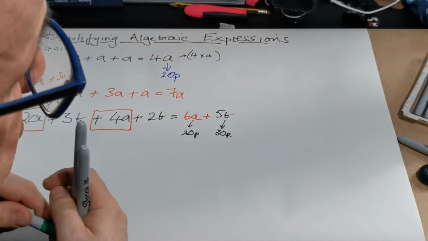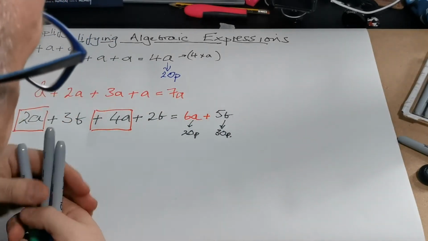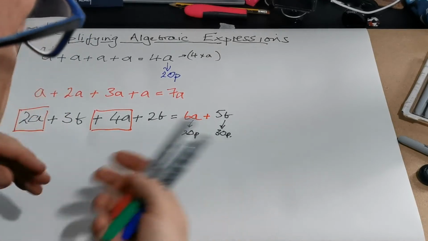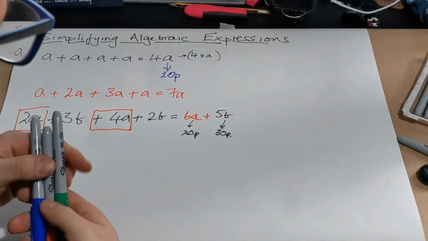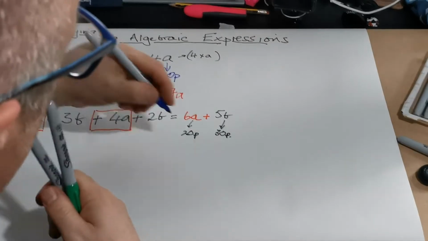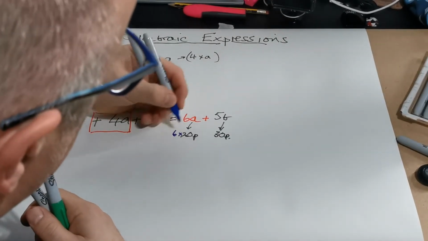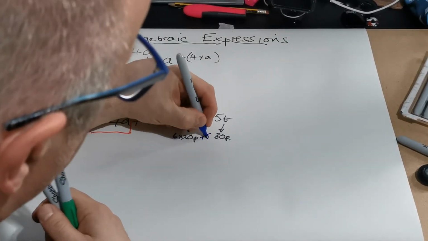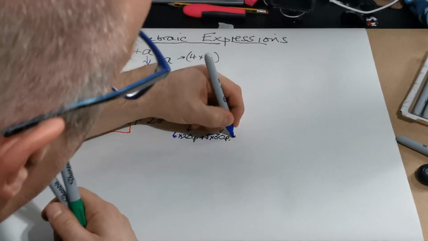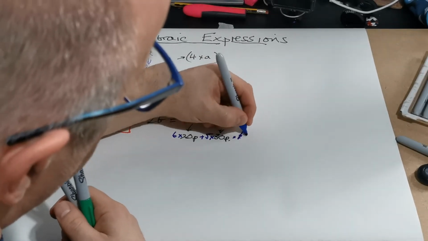You have much less maths to do in the long run, so making it simpler overall makes it much easier. Okay, so here we would have 6 lots of 20p plus 5 lots of 30p equals £2.70.